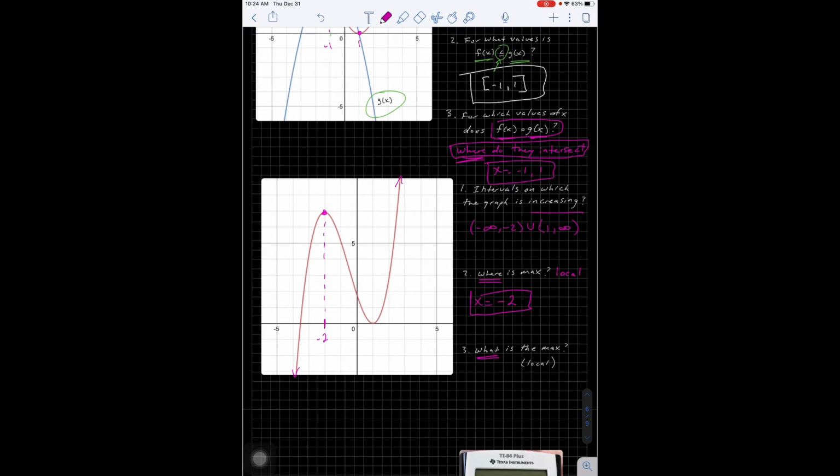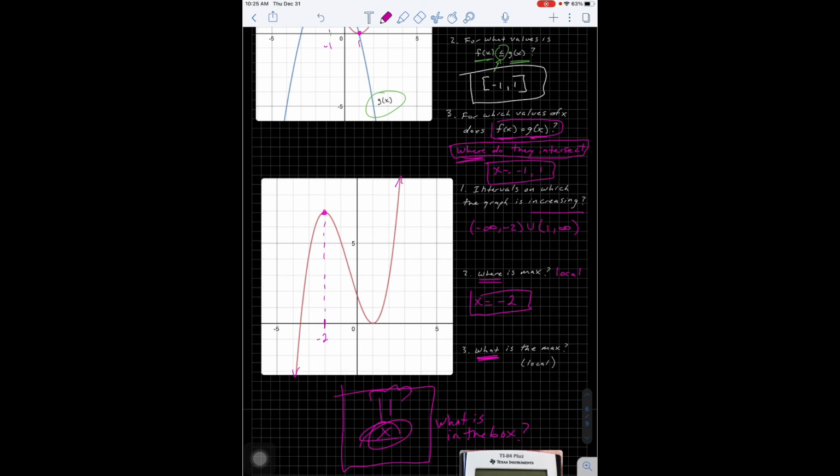Now, different question, be careful here. What is the maximum? When I ask you that, remember our treasure map? I'm asking you what is in the box. We found the box at X, but what's in the box? How much money did you get?